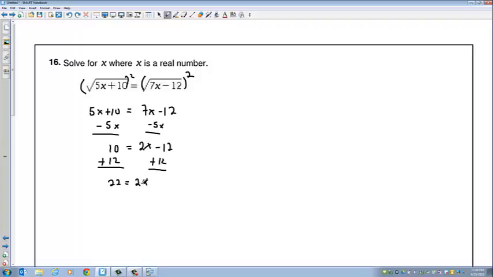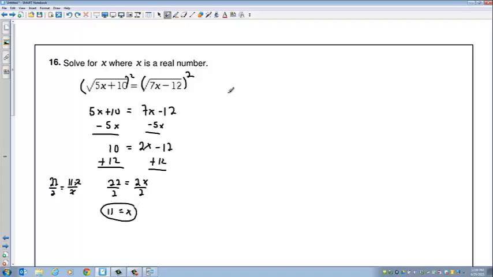And now you want to undo the multiplication. So you do its inverse, which is divide. So we'll divide by 2. Divide by 2, and you get 11. Remember, 22 over 2 is actually equal to 11 times 2 over 2? So the 2's cancel, and you're left with 11 on the top is equal to x.